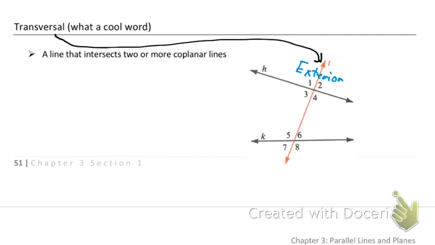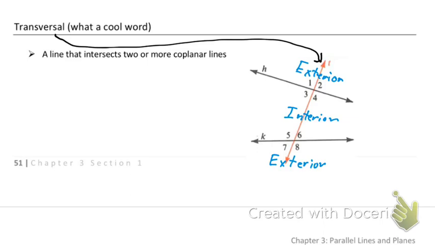Your interior is going to be anything between the two lines. And you will also have an exterior below. So 7 and 8 would also be exterior. So between the two lines are your interior. Everything else is your exterior.